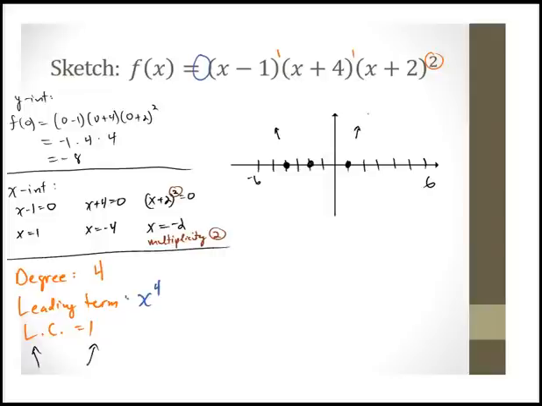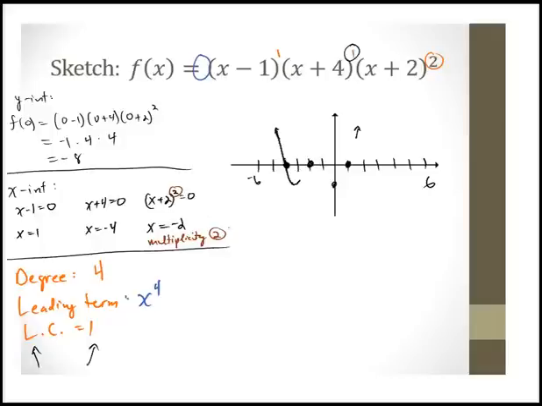Now, I know I have the point 0, -8. So let's just say here's -8. Now what happens near -4, so start from the left. The multiplicity is 1. It passes through. What happens at -2? Now I know it's going to have to come back up to that x-intercept at -2, 0. But what happens at -2?